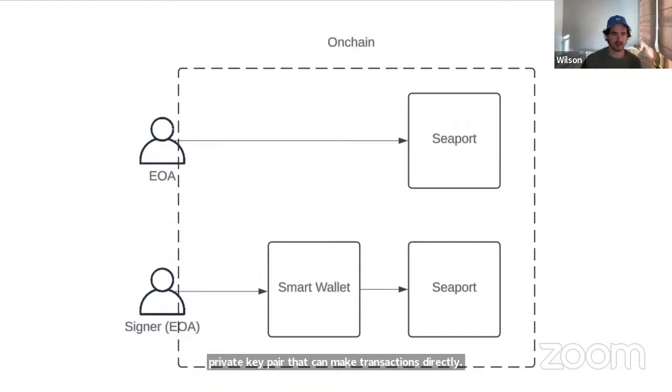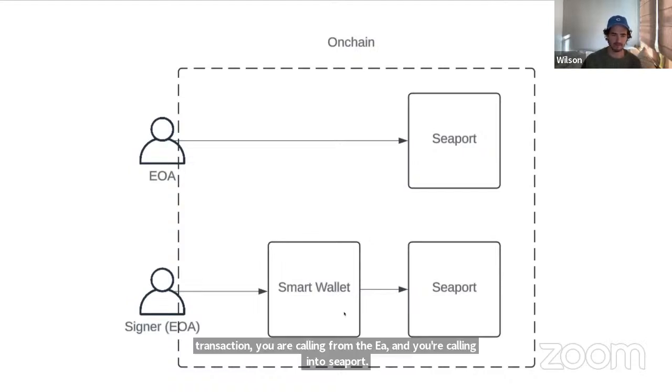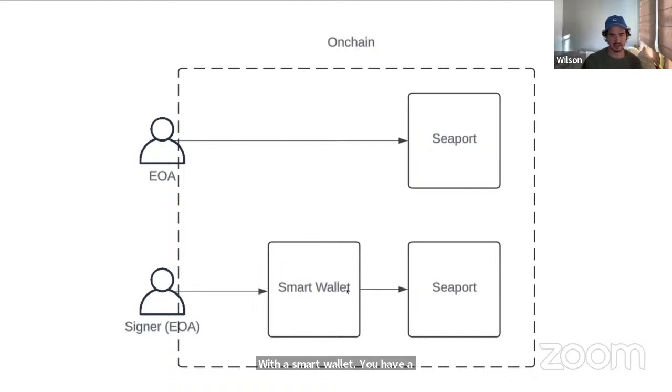So when you make an EOA transaction, you are calling from the EOA and you're calling into Seaport. With a smart wallet, you have a smart contract sitting in between. With a smart wallet, a smart contract is the user's wallet, and it can have many signers that control it. So in this case, you have a signer that is an EOA calling into a smart wallet, and then the smart wallet is calling into Seaport on chain.